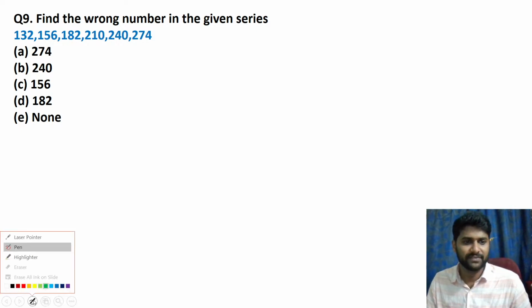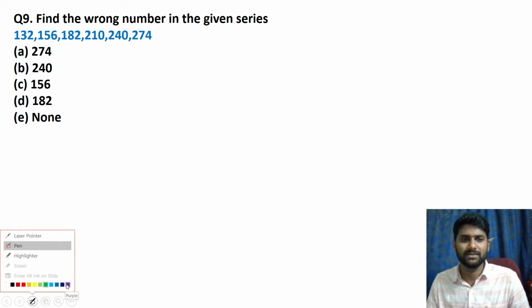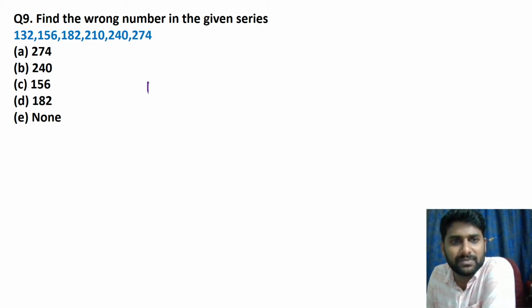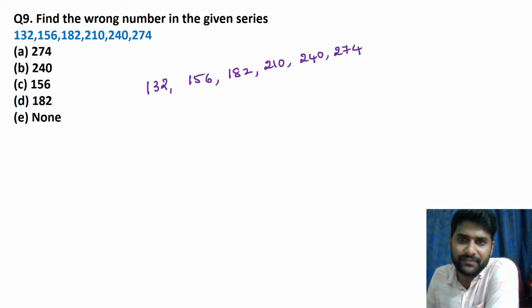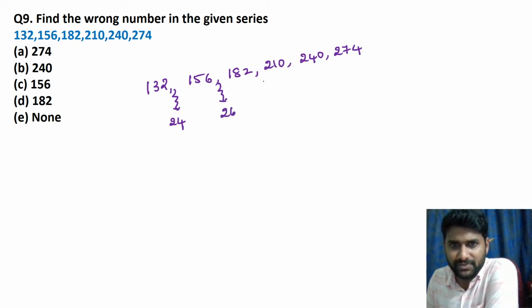So that you just identify what is the missing number in the given series. If the respective numbers are 132, 156, 192, 110, 240, 274. See, if all the numbers are nearer, identify the difference only. If you identify the difference, it's 24 units, here 26 units, 28 units.